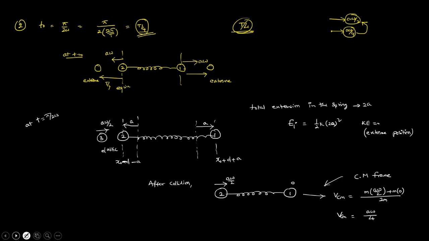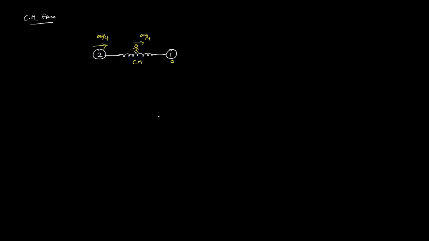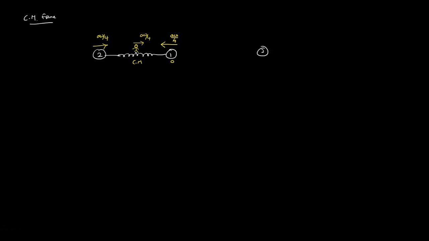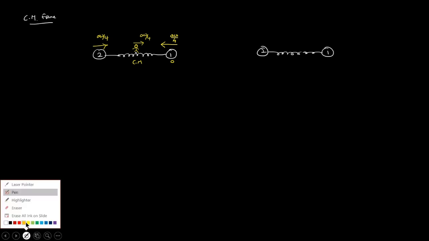If you see from the moving frame any particle at rest, then that particle will appear to move opposite to the moving frame with the same velocity. That means if you see from the center of mass how the particles are moving, these are the second and first particles. Even though I am drawing more diagrams, it's not an issue for me, but ultimately you need to understand. That is my idea.